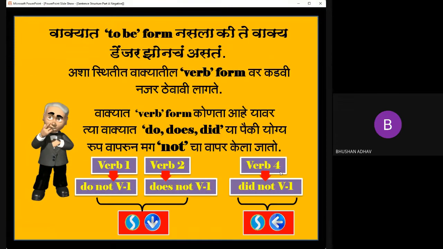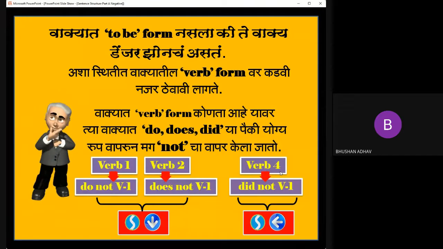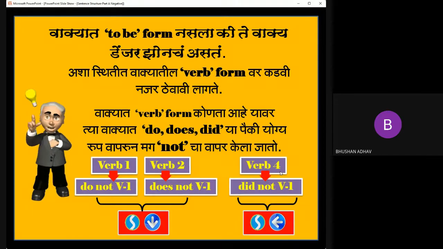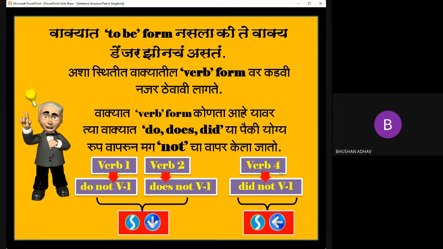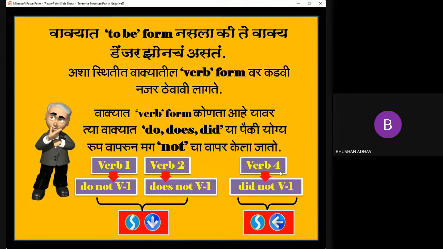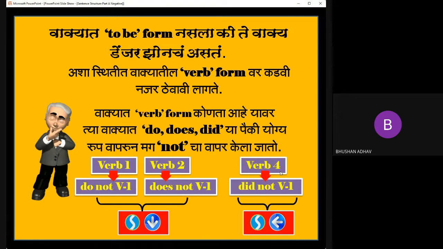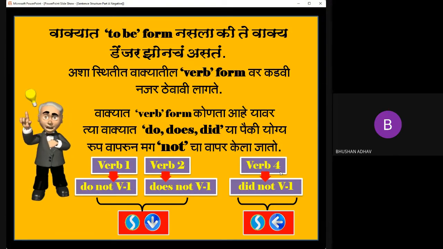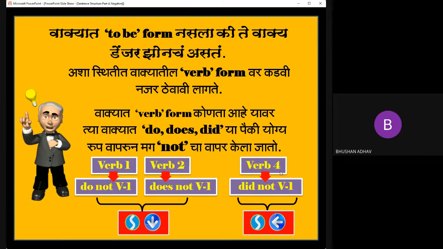Okay, now very simple. If there is no to be form, you just have to change V1 into do not V1, V2 into does not V1, and V4 into did not V1. Simple. Even you can take the screenshot of this slide also.